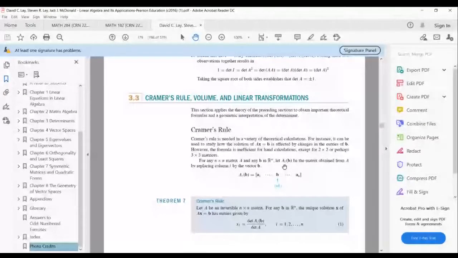All right. So let me go ahead and bring up the ebook. Okay, textbook. And let's talk about Cramer's rule. Okay, one moment here.